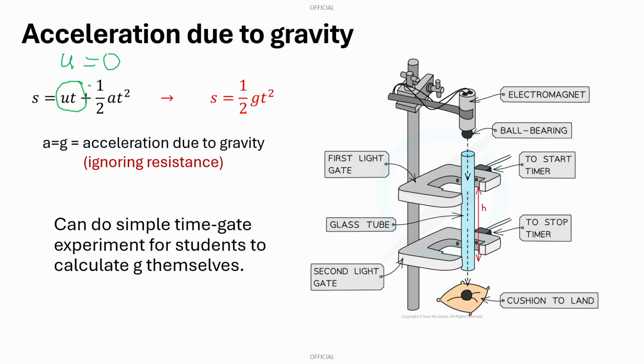So this would work if the ball bearing was being timed from when it was dropped here, where U is equal to 0, until the time when it hits the ground. So in that case, the time it took for the ball bearing to fall will give me T. And if I know how far it's fallen, then I can work out g. But you've got to assume that U is equal to 0 if you're using this equation.